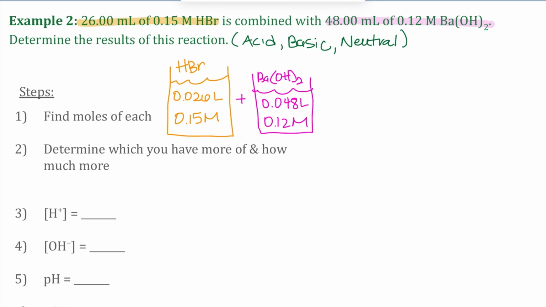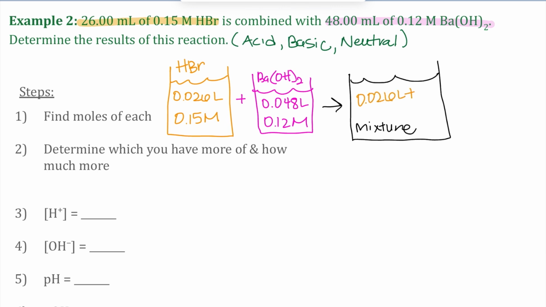Those are getting combined. So in our results, I like to think about the fact that this mixture is going to have that 0.026 liters plus that 0.048 liters, like that. Now we want to look at, okay, are my hydroxides neutralizing all my hydrogens, or am I going to have something in excess with that?